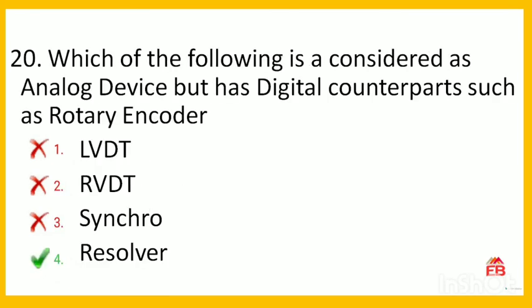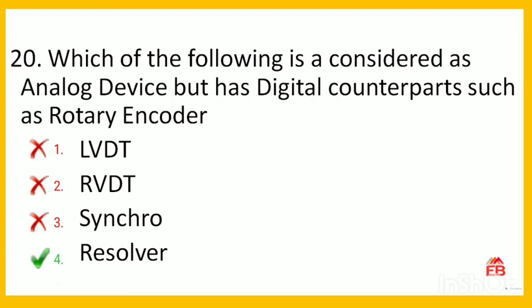Next is, which of the following is considered an analog device but has digital counterparts such as a rotary encoder? Options are LVDT, RVDT, synchro, or resolver. So the correct option is a resolver. Options 1, 2, 3 are all AC devices.